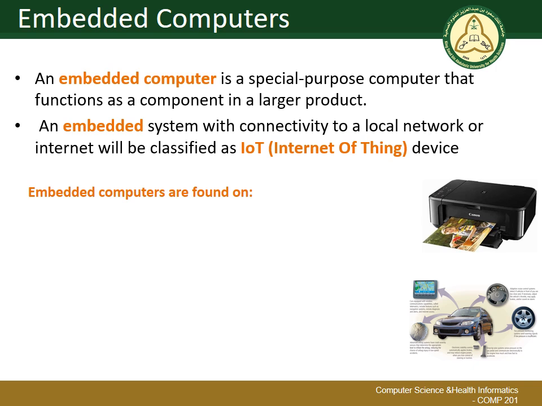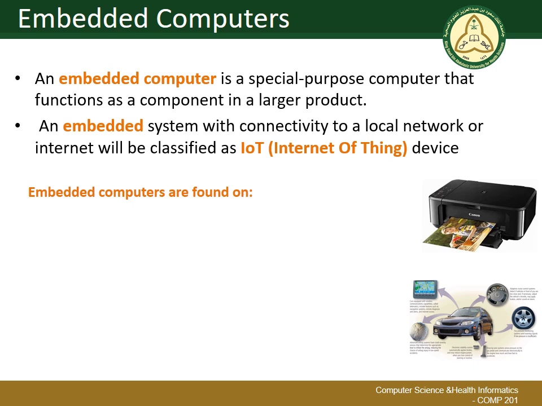When we put an embedded computer inside another device, and this device is connected to the network, to the internet, we classify it as Internet of Things. So now this machine will be connected to the whole network.